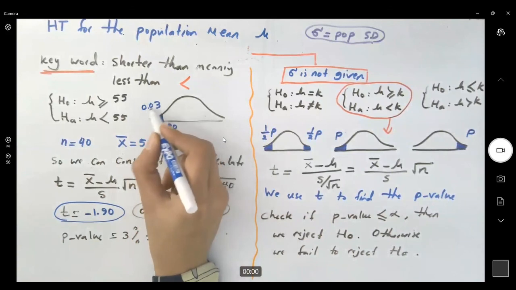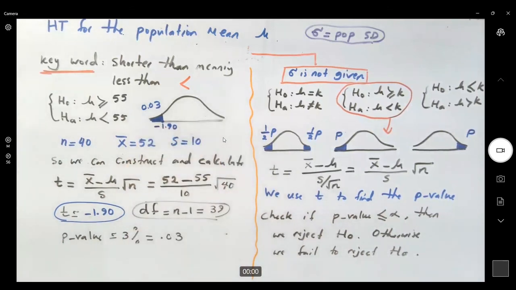Well, now check if p-value is less than or equal to alpha or not. I found the p-value. P-value is 3%. 3% is, of course, larger than alpha, which is given in the question as 1%.